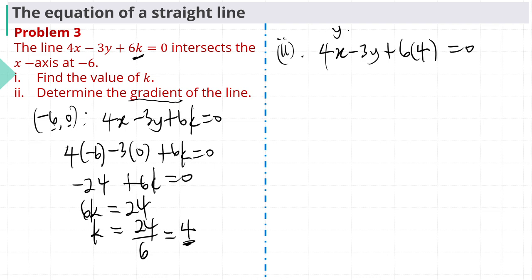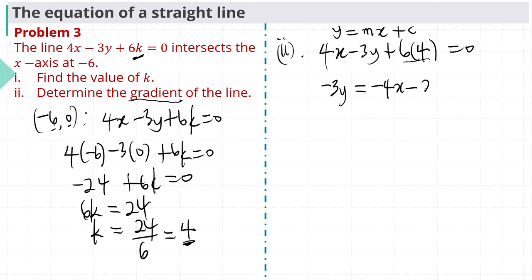So what we want to do is to write the equation in the general form y equals ms plus c. We want to make y the subject. So we write the term that involves y: minus 3y equals, subtract 4s from both sides. This is what we have. 6 multiplied by 4 is 24.